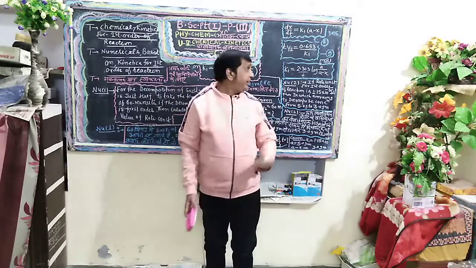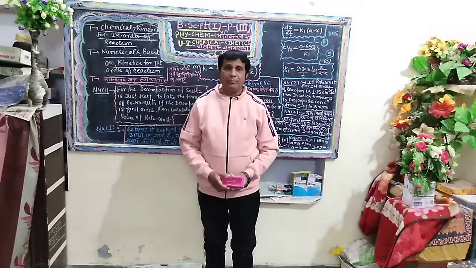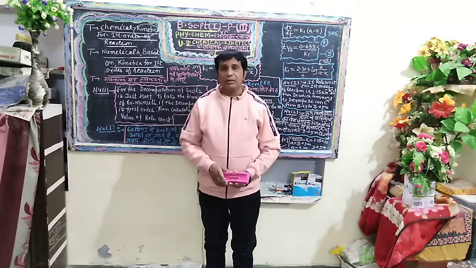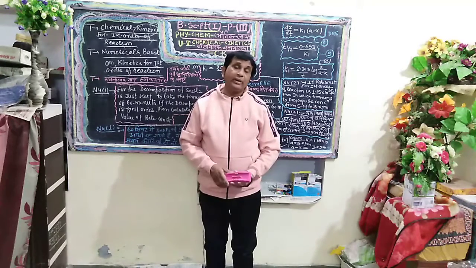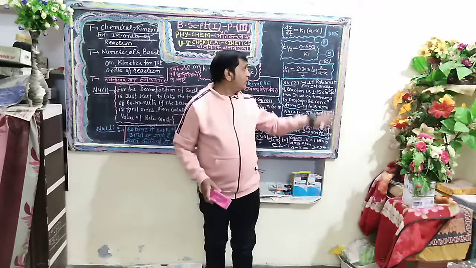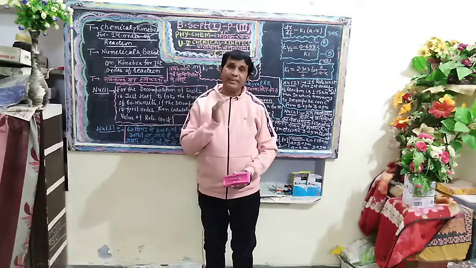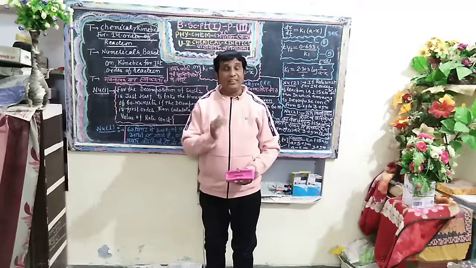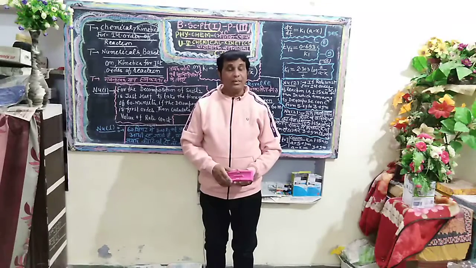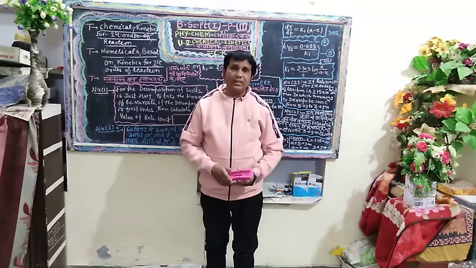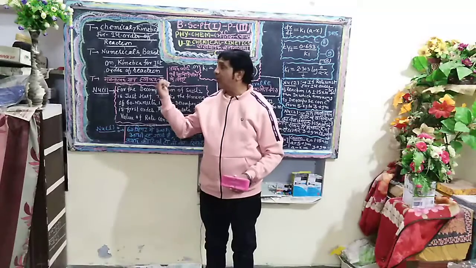So equation number 8 is known as the principal integral rate equation, and on its basis one can collect sufficient information about the progress and kinetics of first order reactions.